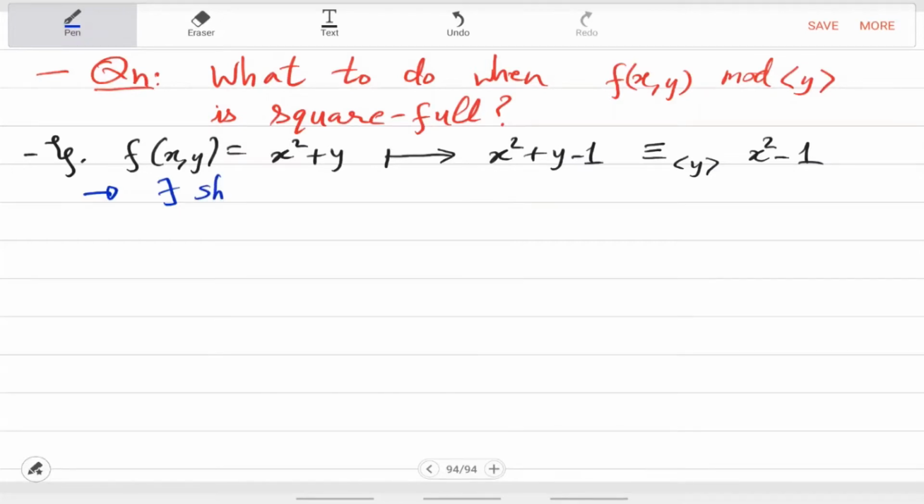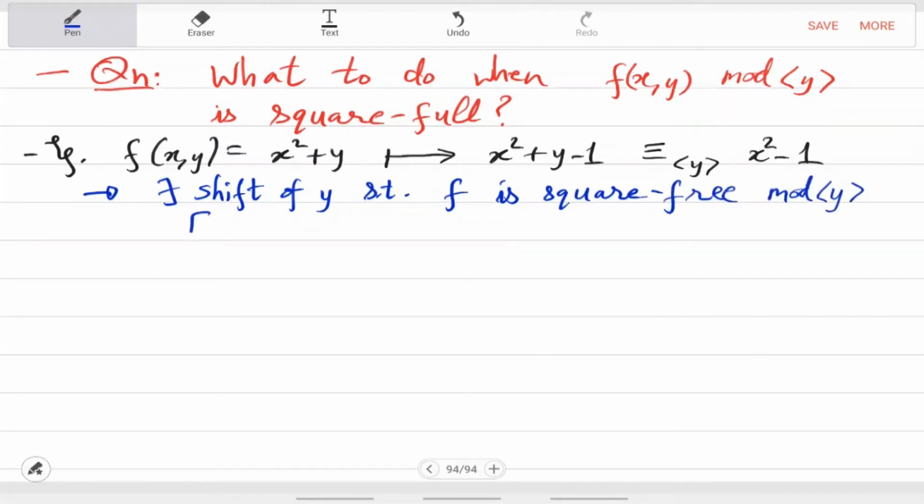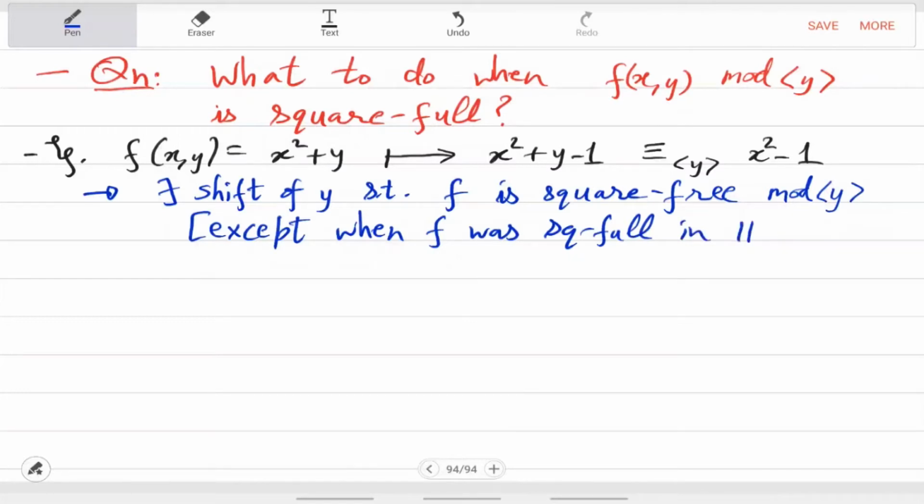There exists a shift of y such that, mod y, it is square free, except when f was squareful to begin with. If as a bivariate it was squareful, then you cannot do anything.